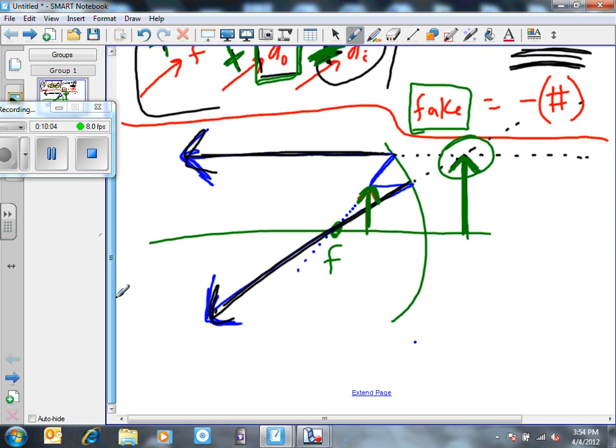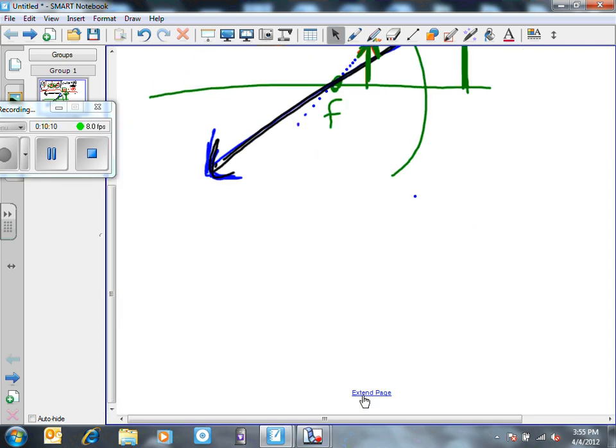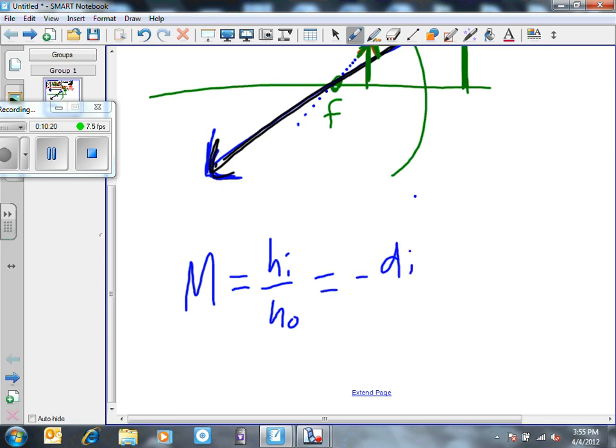Now that we're on this, I want to show you the other formula that's on that worksheet. And that other formula is this. Magnification equals h_i over h_o equals negative d_i over d_o. So this is really three relationships.